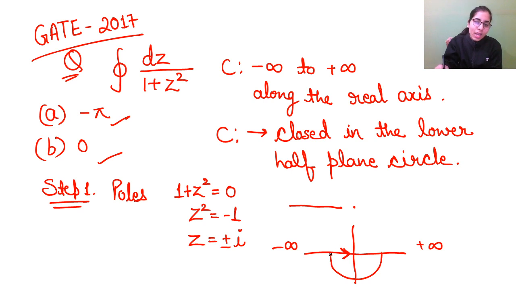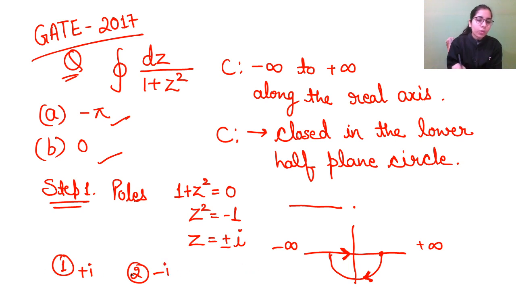Clear? As I have told you, initially the direction which is given to us, we'll consider that first. If the contour is moving from minus infinity to plus infinity along the real axis, then after reaching this point, it will move like this. Clear? So first of all, about the pole which will exist within this contour, according to you, first, plus iota will be present within the contour, or second, minus iota will be present within the contour.